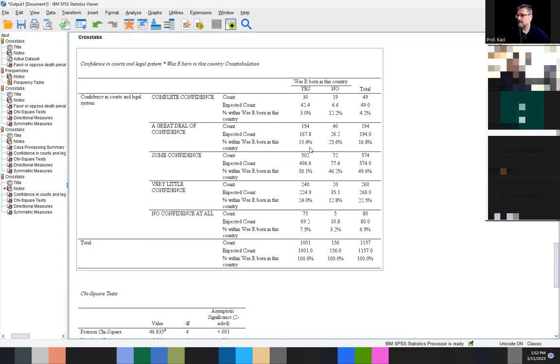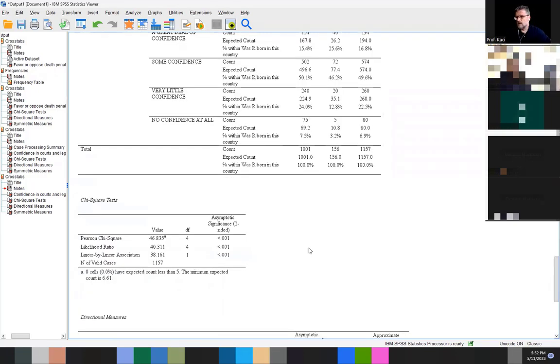Okay, and the same thing can be said in the other rows. Is this relationship significant, statistically significant? Yes, it is. P-value is smaller than 0.001.